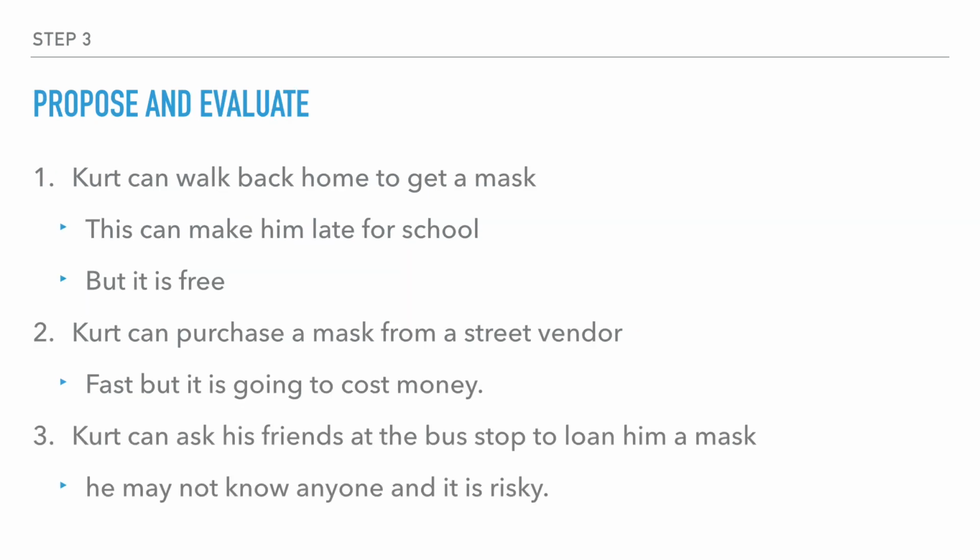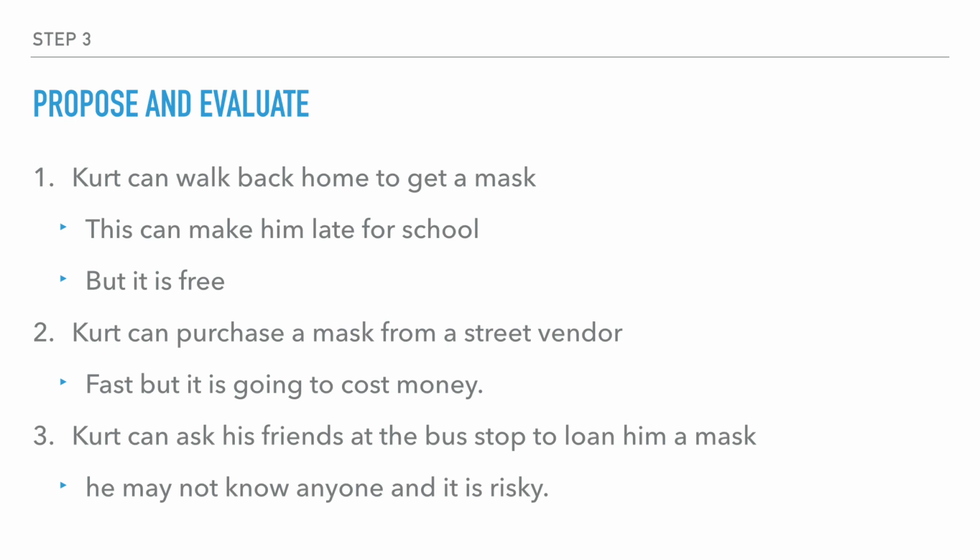So let's look at these proposed solutions. So we are in step 3 where we want to propose and evaluate. When we look at proposed solution 1, walking back home, we see that it's going to cost him time. So this may make him late for school, but a pro is that it is free. Solution 2 means he needs to have either $5 or $10 so that he can purchase a mask.